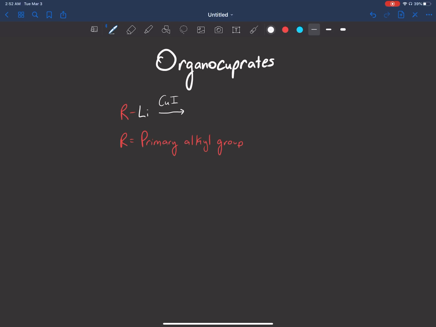All right. So what this is going to give us is this weird looking intermediate. We have a lithium, and it's going to have these two R groups now bound to our copper. Oh, sorry.